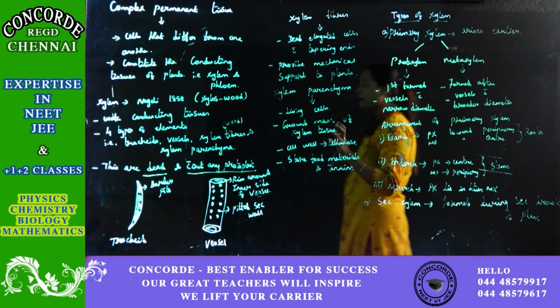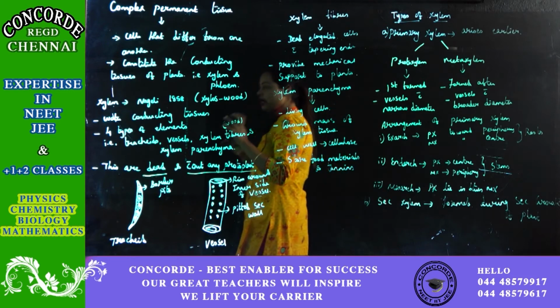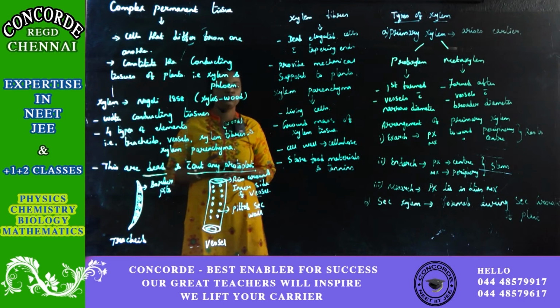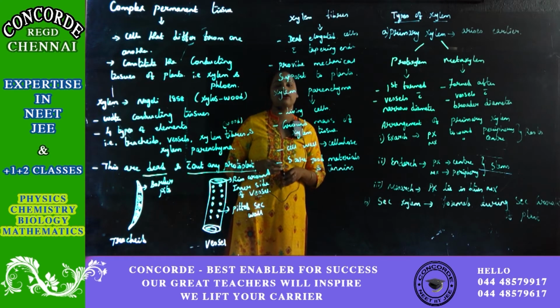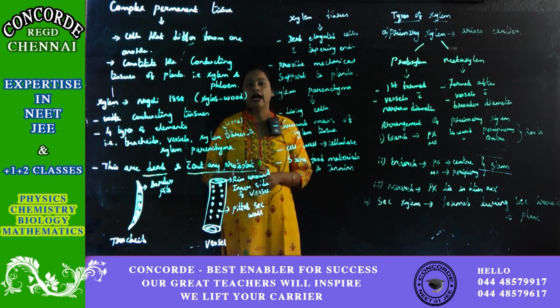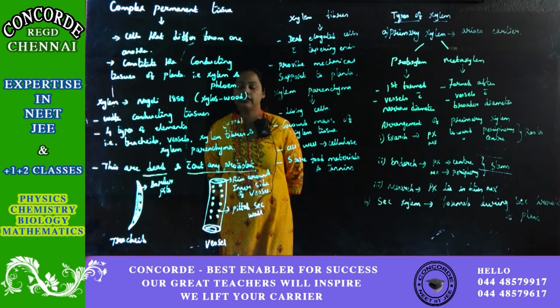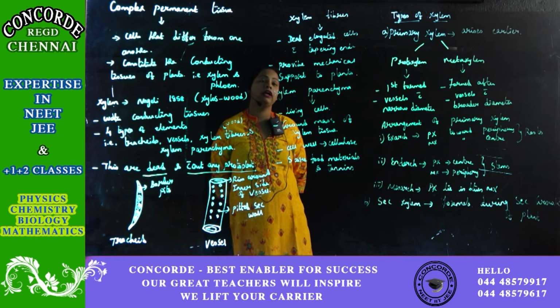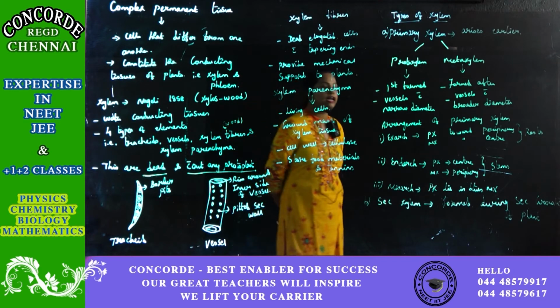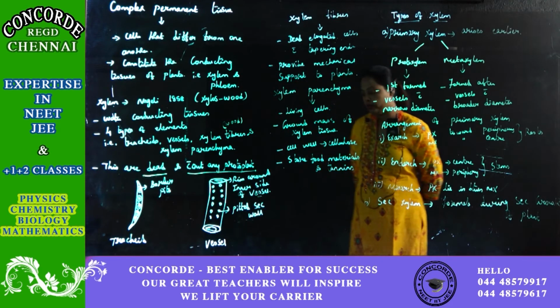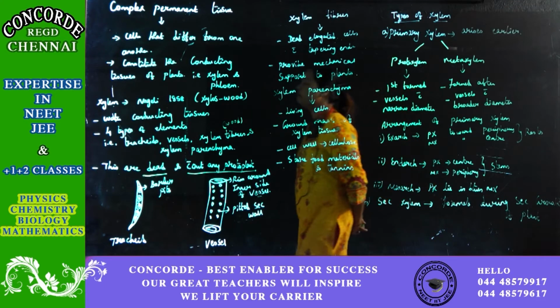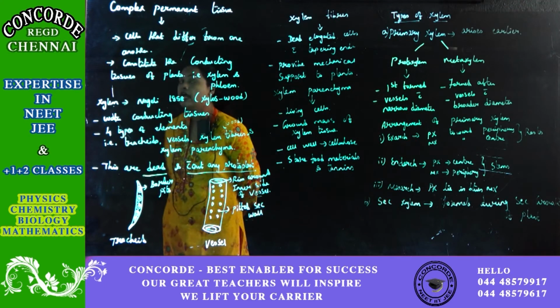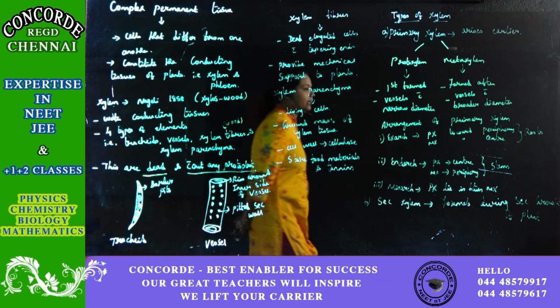Again, to summarize the complex permanent tissue, I will repeat. Complex permanent tissue has cells that differ from one another, and it is the conducting system of the plant. The tissue has xylem and phloem. Xylem is the wooden part present in the trees, and it is water conducting tissue.